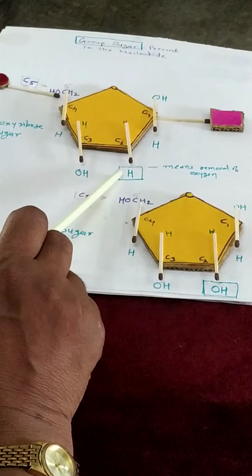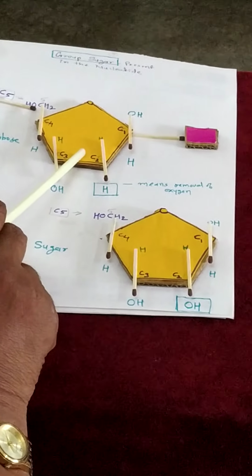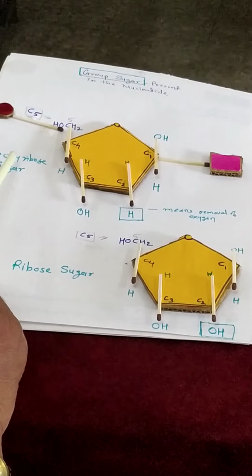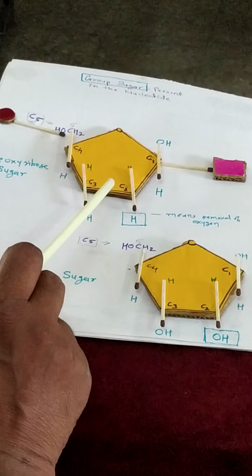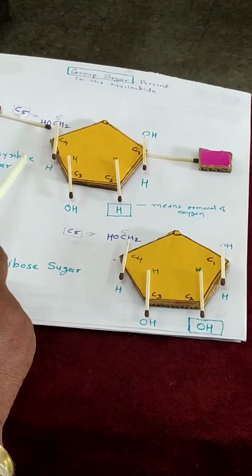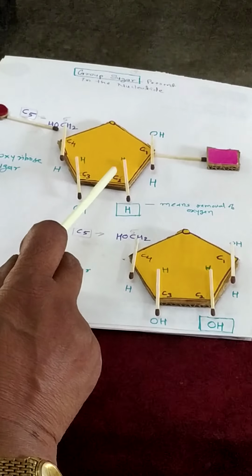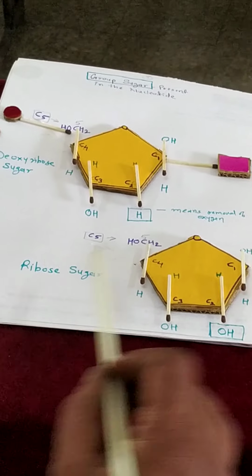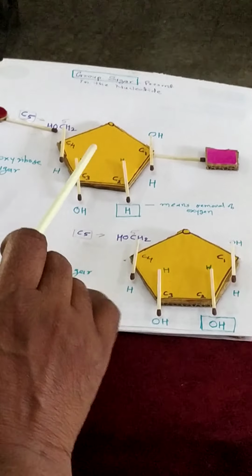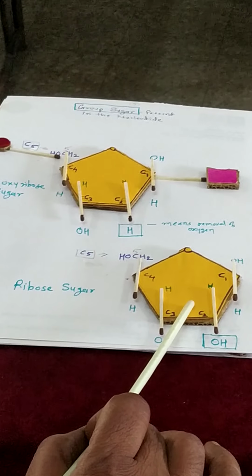Here oxygen is removed from this pentose sugar, and removal of oxygen is called deoxy. The meaning of deoxy is removal of oxygen from the second carbon atom, and that's why it is called deoxyribose sugar, because one oxygen atom is removed from carbon 2. And this is called the ribose sugar, because here oxygen is not removed. So this is the major difference between the DNA sugar and the RNA sugar.